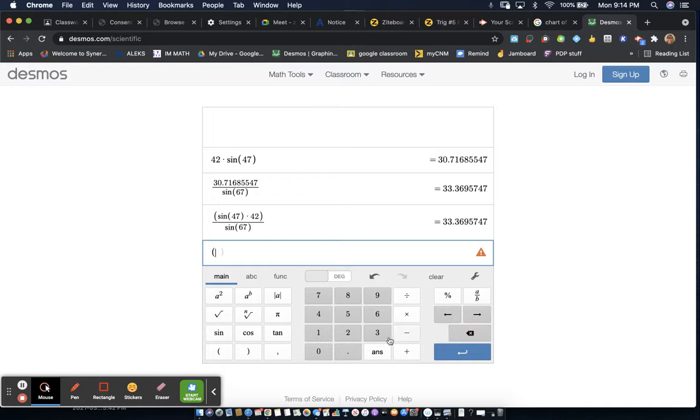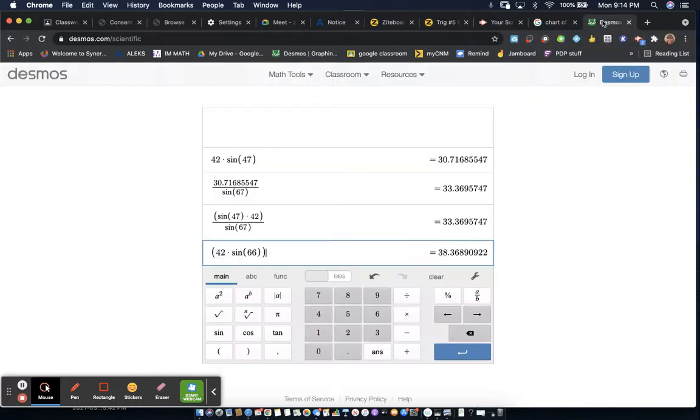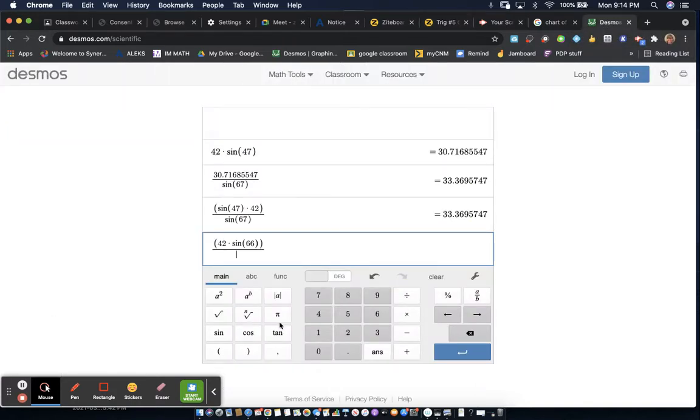So hopefully if you guys find it, it's just 42 times sine 66. Close the parentheses on the sine. See how that did that? Then close the parentheses. Oh, wait, no, I don't want to close the parentheses on the top. I just need to close it. 42 times sine 66. Yeah, that's what's on the top, right? And divide by sine 67.